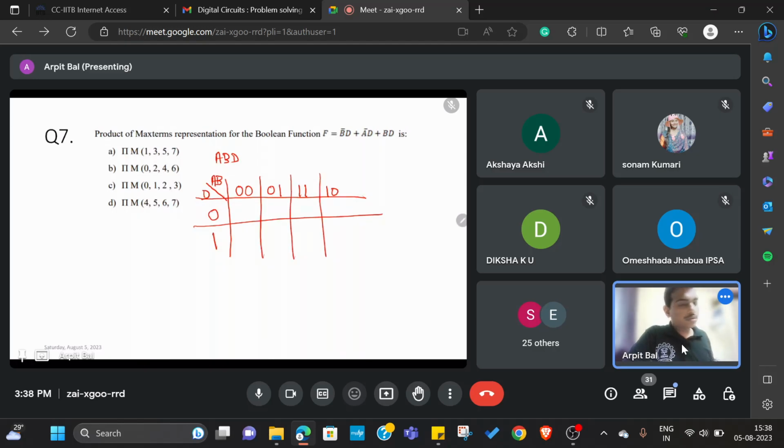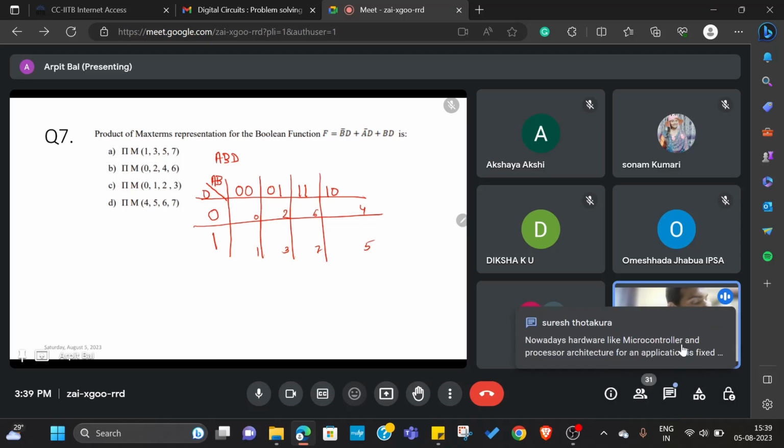While drawing the Karnaugh maps, to avoid any mistake, whatever is the corresponding decimal value to that particular box, we should write it down. So for this it is 0, this is 1, this is 2, this is 3, this is 6, this is 7, this is 4, this is 5. Here we are given a function b bar d.